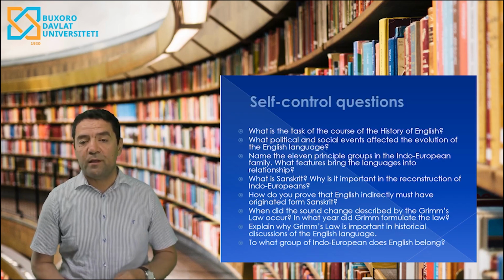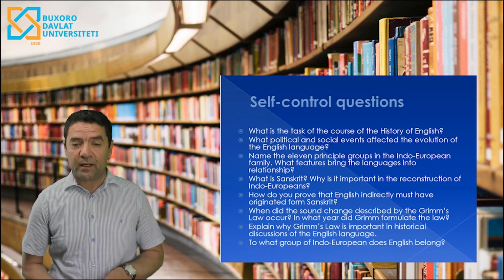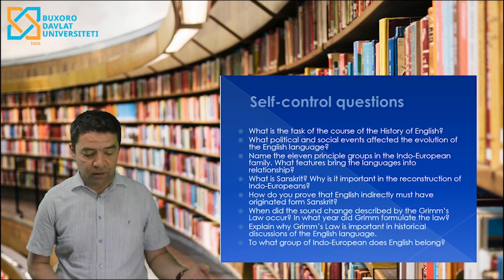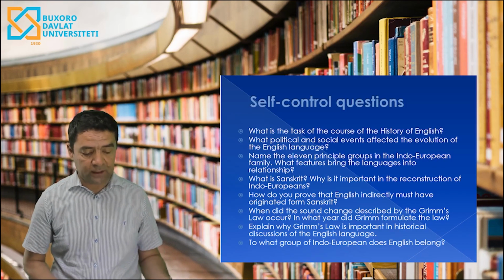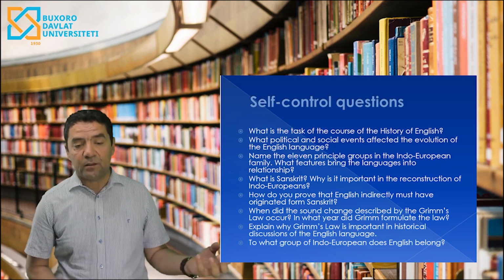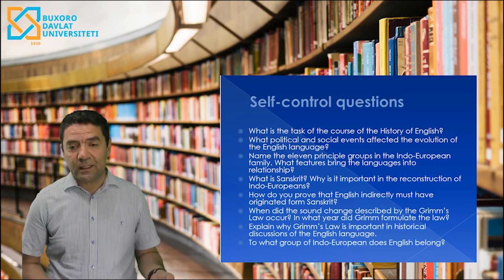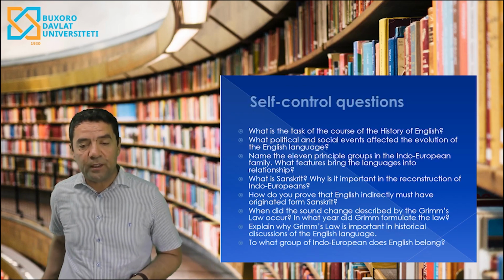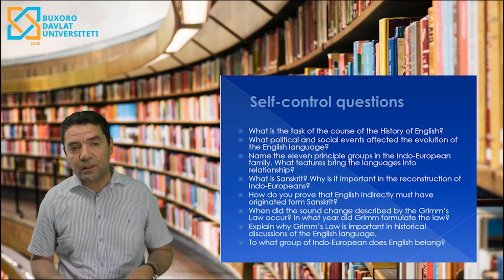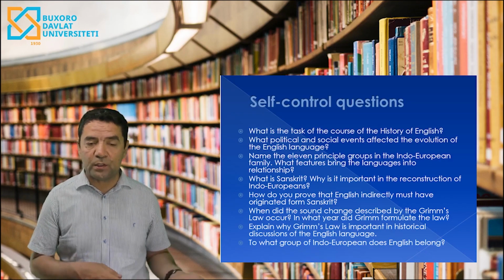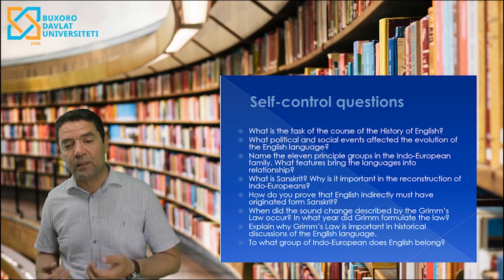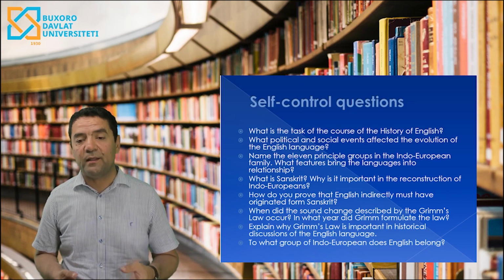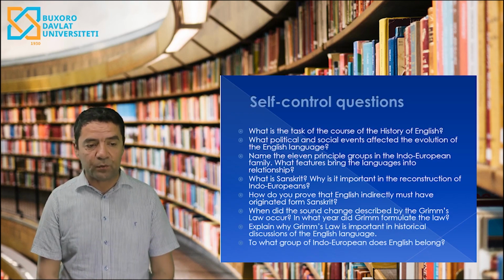That is why we must have a clear idea about how the Indo-European languages developed from their earliest period. The discovery of Sanskrit and Grimm's law proves that the English language is a part of the Indo-European languages. The conjugation of the verb to be, the resemblance, the correspondence between the consonants of Indo-European languages and the Germanic languages proves that these languages had something in common, and they originated from one and the same root.